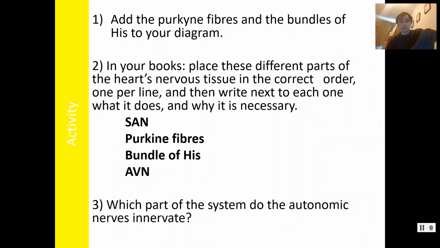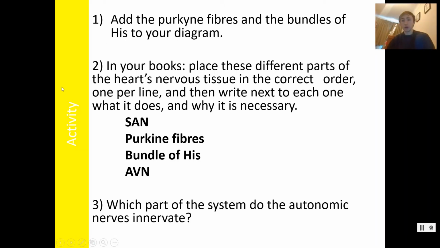Right. Now, I'm hoping that you still have your heart diagram from earlier. Either earlier in year 12, you're still using the same book, or more usefully, it would be one that you got off the slide from earlier in the lesson. You need to draw onto a heart diagram.